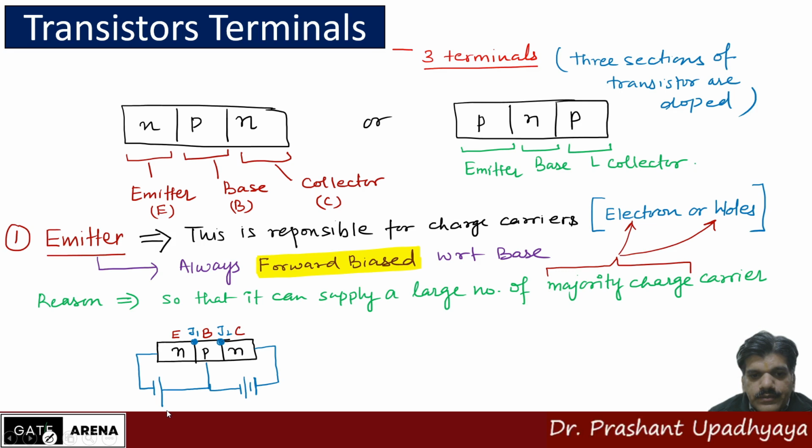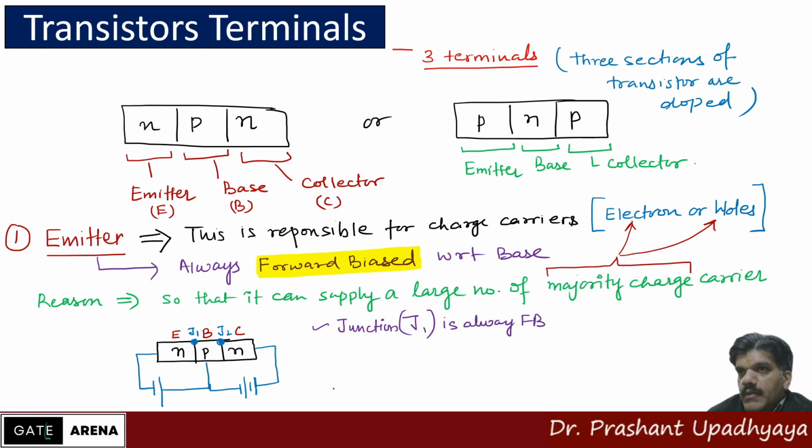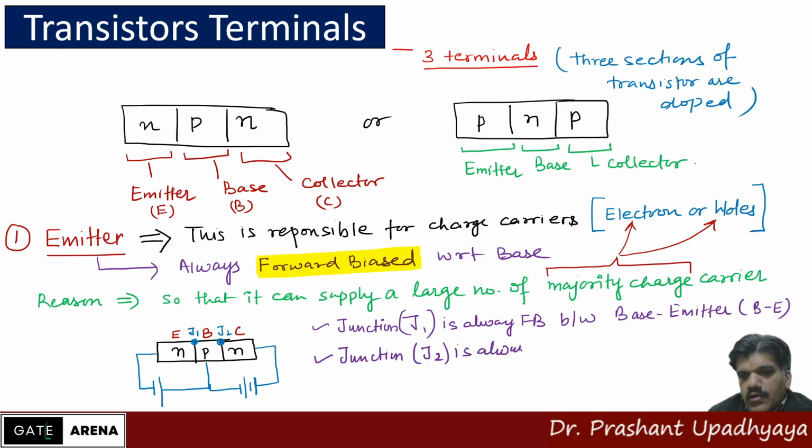Again, I am writing that junction J1 is always forward biased between base and emitter, so I am writing it as BE. Second, junction J2 is always reverse biased between collector and base, so I am writing it as CB.